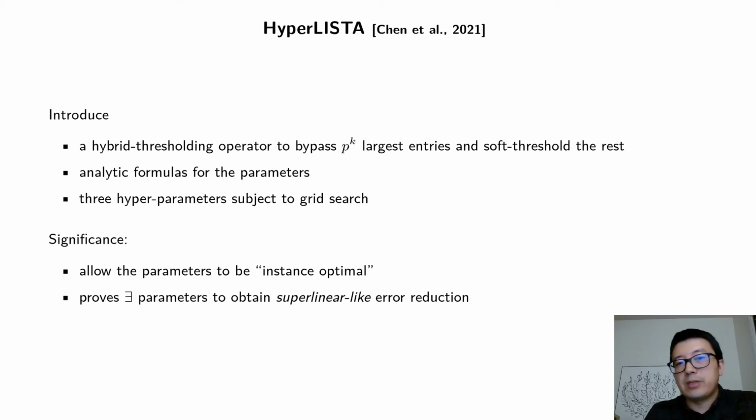The pk largest entries of xk will be bypassed. And then, well, this seemingly adds another sequence of parameters pk to train. But this paper comes up with analytic formulas, motivated by their analysis, for the step size parameter, for the momentum extrapolation, for pk and theta k.